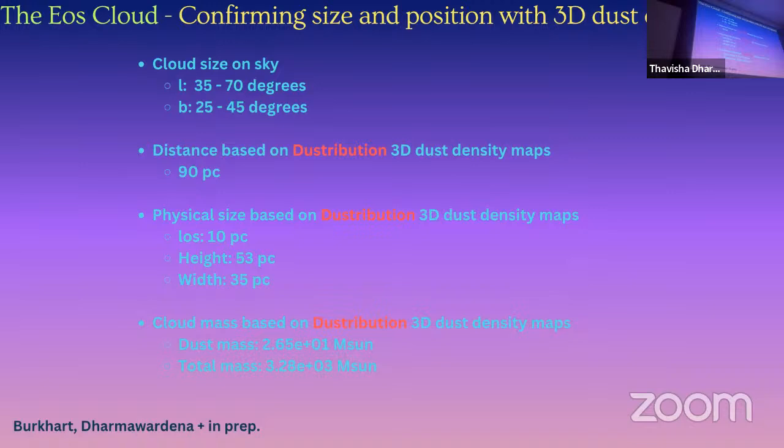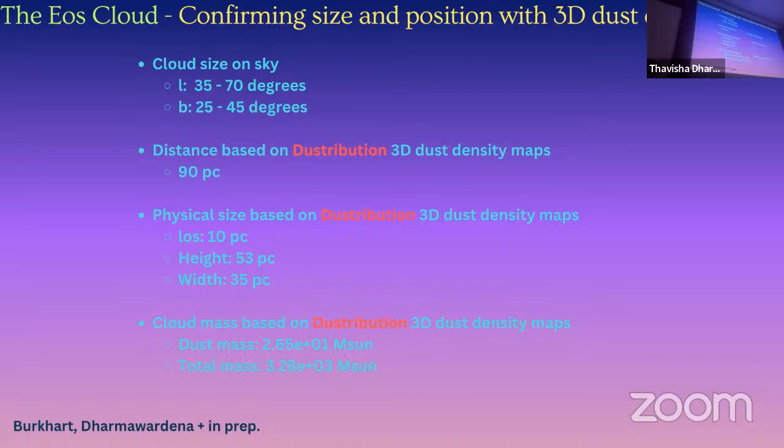So its densest regions are at about 90 parsecs. And then its physical size is about 10 parsecs along the line of sight, about 53 parsecs, and 35 parsecs in width, assuming it's at 90 parsecs. It could be slightly further away or closer based on other dust maps, which means the size will change slightly, but it will still remain a very massive cloud.